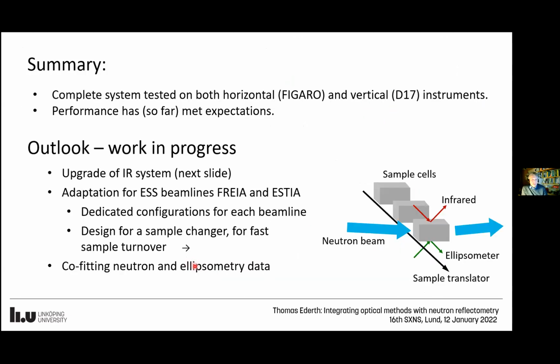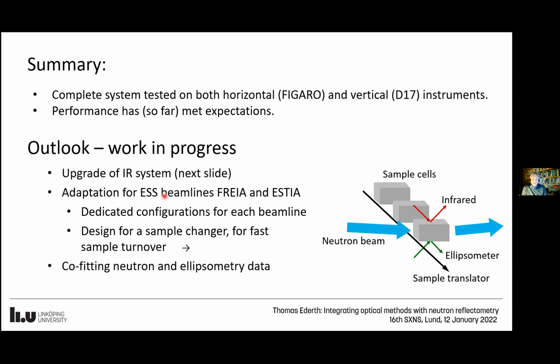So to summarize, we tested this complete system on 2 different reflectometers, and it works well so far. Performance is meeting our expectations, but we're not resting. We are still working to improve things. There will be an upgrade of the infrared system, to make it a little bit more flexible.